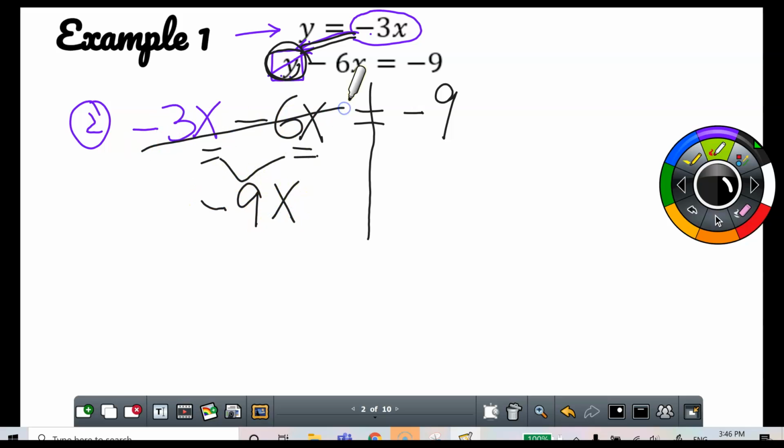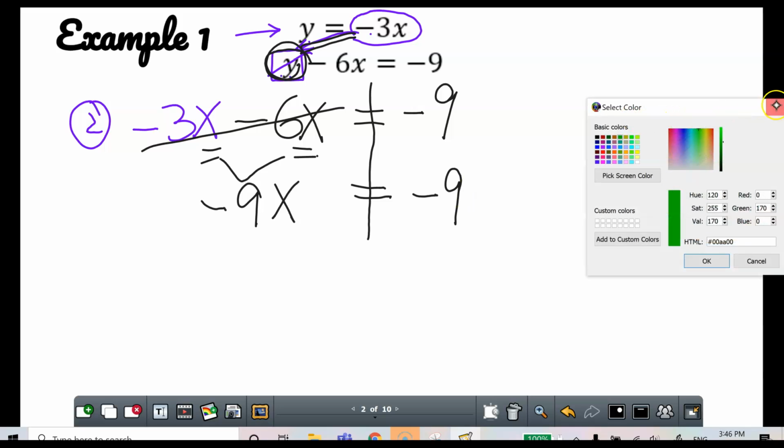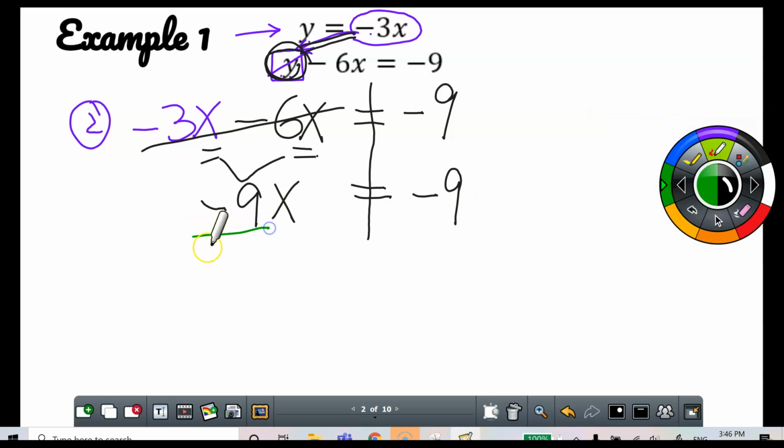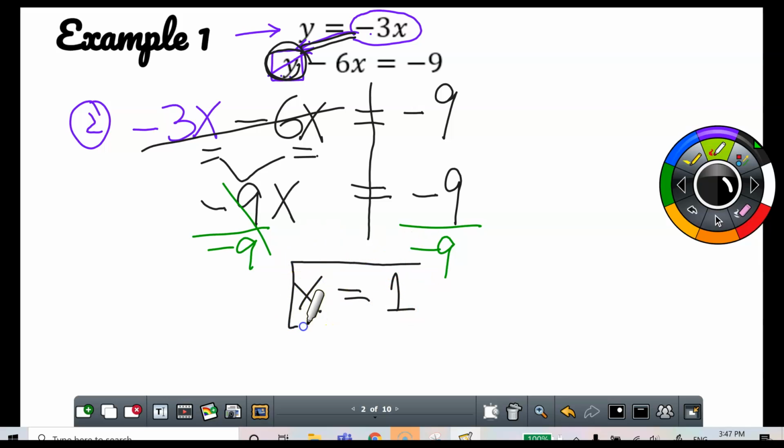After combining them, they're done, right? And on the other side, bring down whatever you haven't touched, and keep solving the equation for x by dividing by negative 9. So you have x equals positive 1. So you have x equals 1.